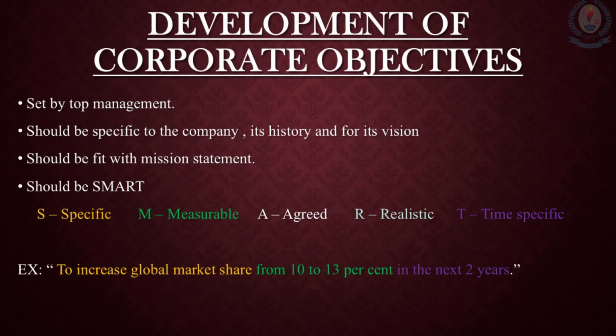So this is a SMART corporate objective, where we can see all these features in one statement: specific, measurable, agreed, realistic, and time specific. All these features can be seen within the same corporate objective. So it is a SMART one.